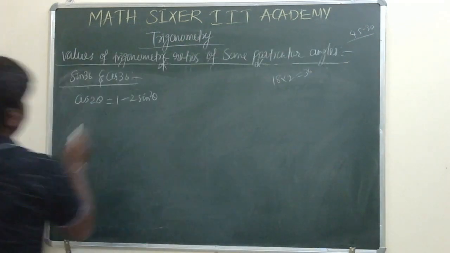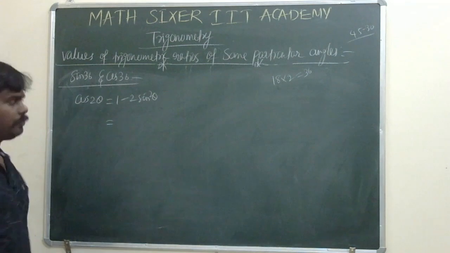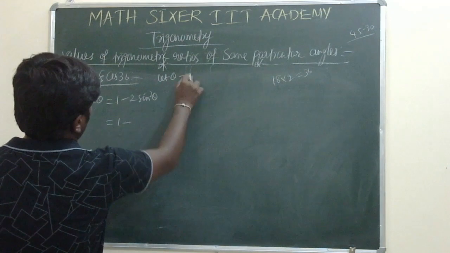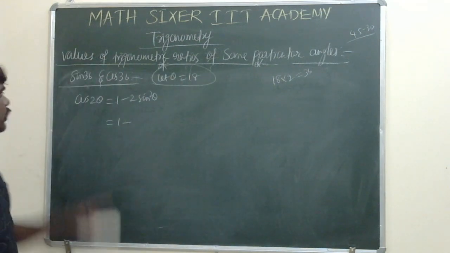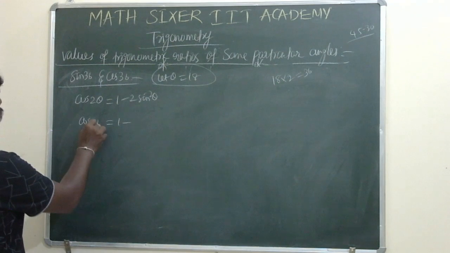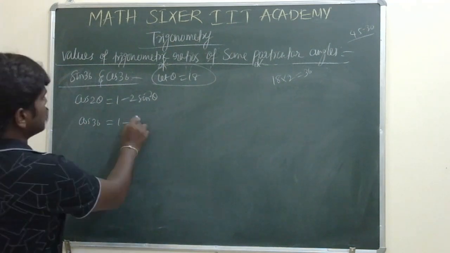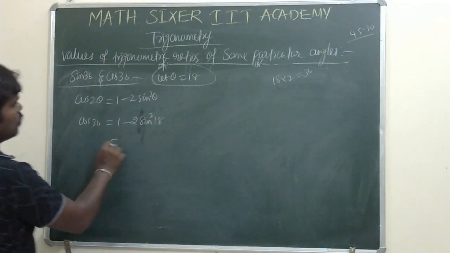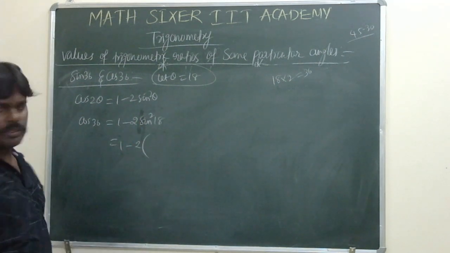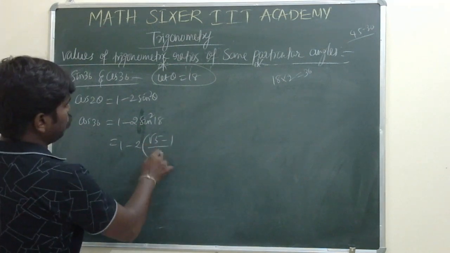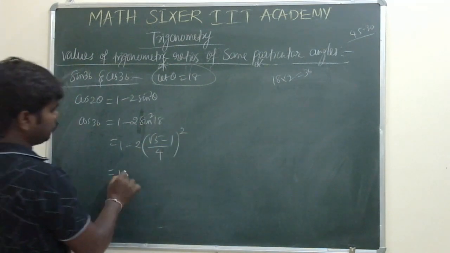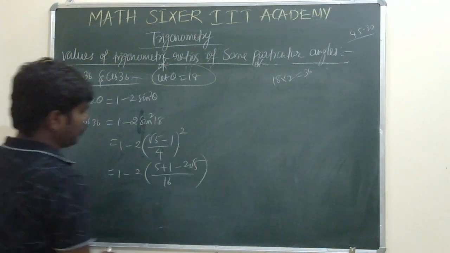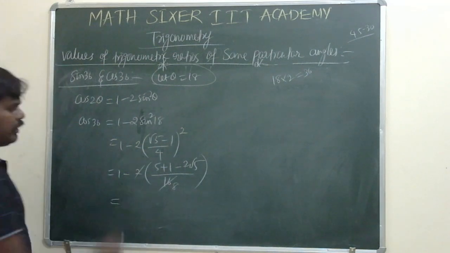Okay, so when you use this formula, then 1 minus, here substitute theta equals 18. Then cos 36, 1 minus 2 sin square theta means sin square, let me write one more step, sin square 18. So 1 minus 2 sin square 18, just now we have solved, that is equal to root 5 minus 1 by 4 whole square. So here 1 minus 2 into 5 plus 1 minus 2 root 5 by 16. Okay, so 2 ones are 2, 8 sixteens, and here LCM is 8.